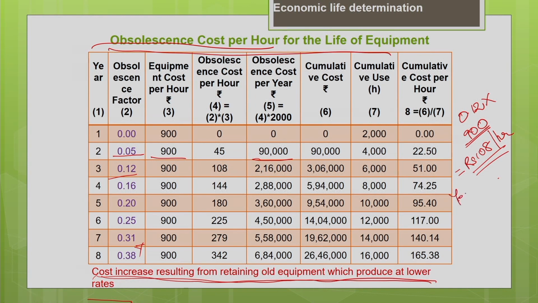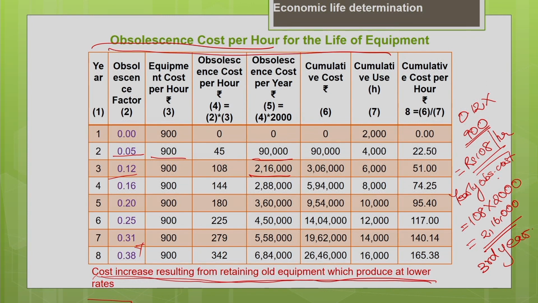Now, find the yearly obsolescence cost. It is nothing but 108 per hour multiplied by the yearly usage of 2000 hours. So, that gives you the obsolescence cost for the third year as 2,16,000. This is for the third year.